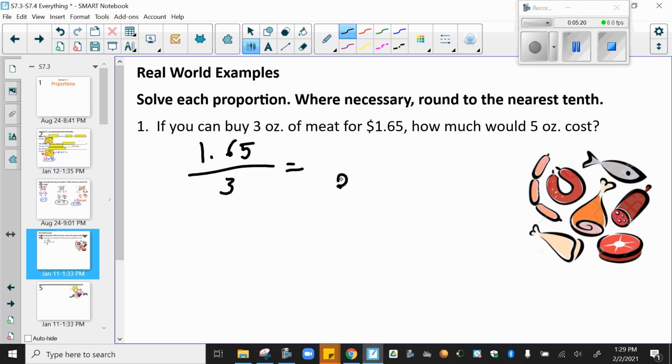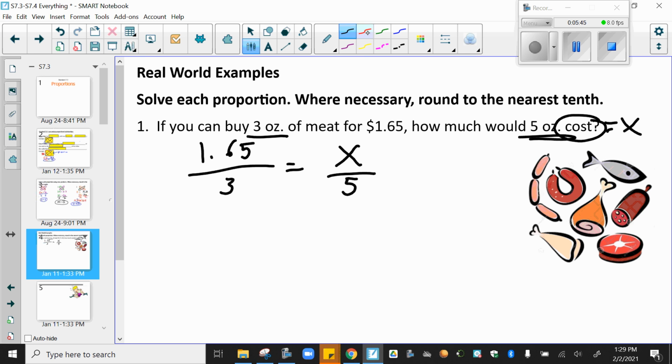I want X. No, I read that wrong. $1.65 over 3 ounces. So we have the ounces are both there, right? So we know it's 5. That means I want X on top because we don't know the cost, right?